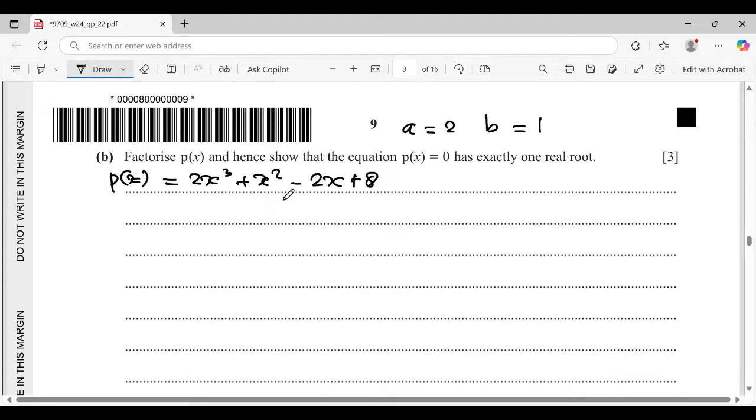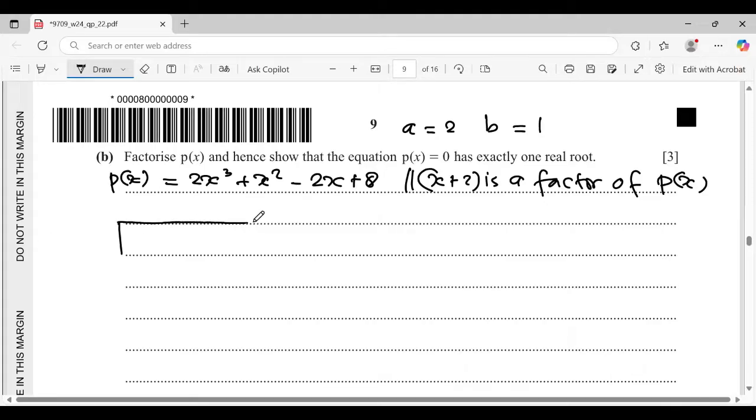Since x plus 2 is a factor of P(x), we can find the quotient: 2x cubed plus x squared minus 2x plus 8 divided by x plus 2.